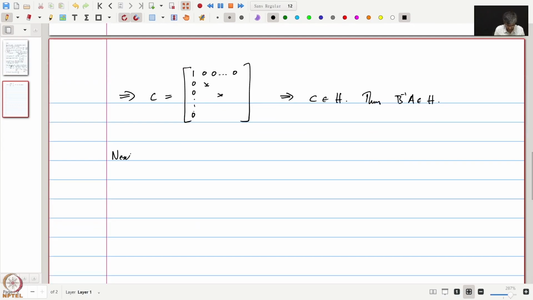Next we claim that the map SO(n) to S^(n-1) is surjective.